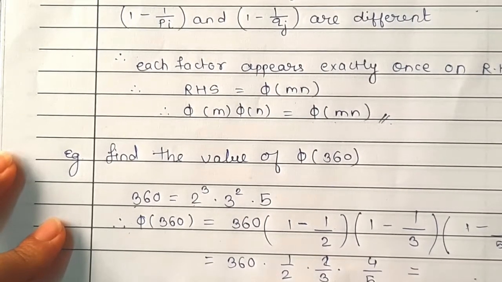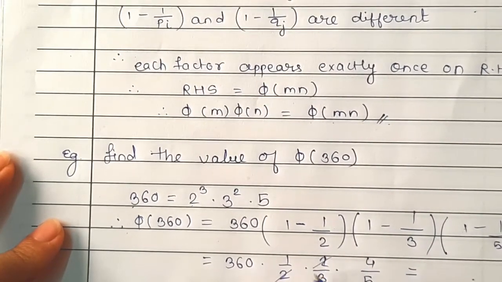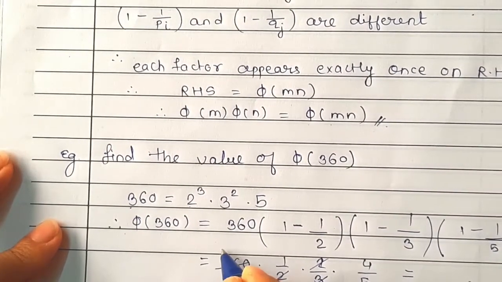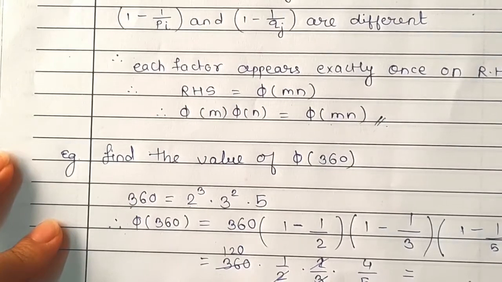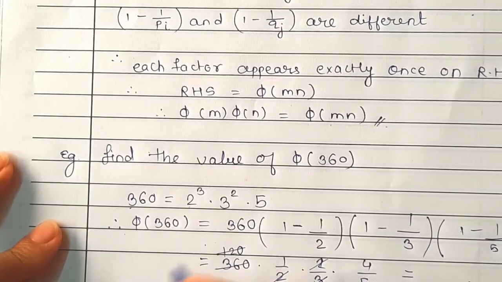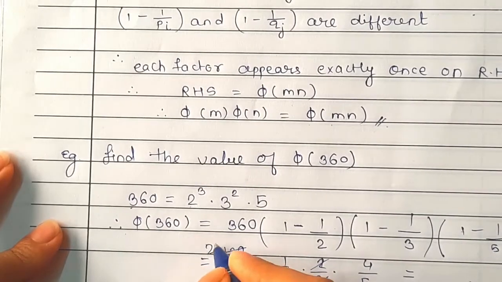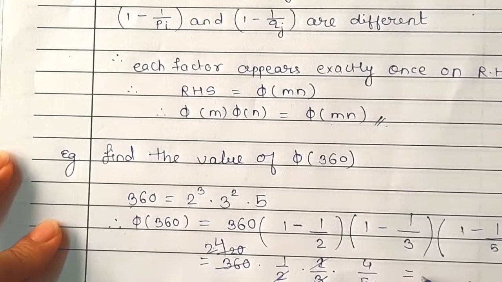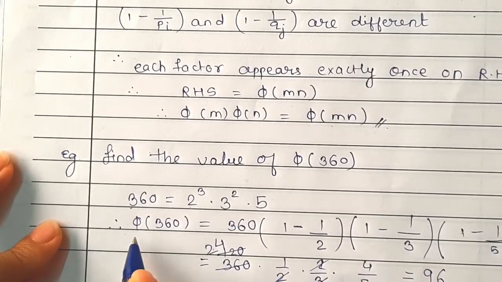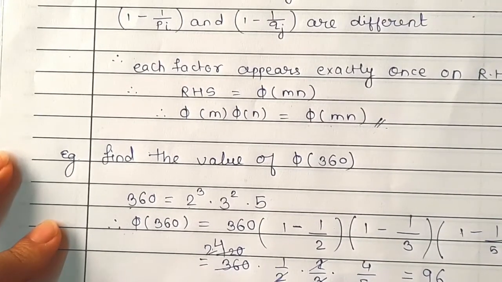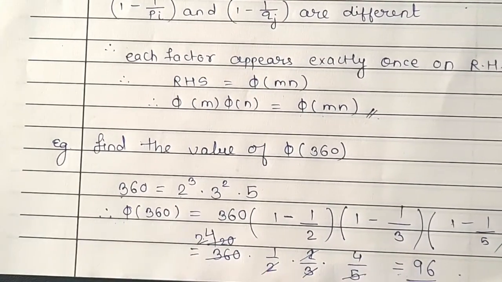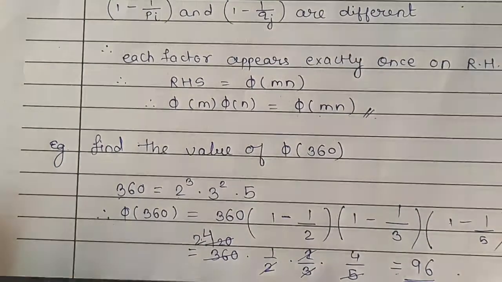We cancel these, so here we get 120, and again we divide by 5, then we get 24, and 24 4s are 96. So the value of phi 360 is equal to 96. Okay, this is the example. This is how you solve this.